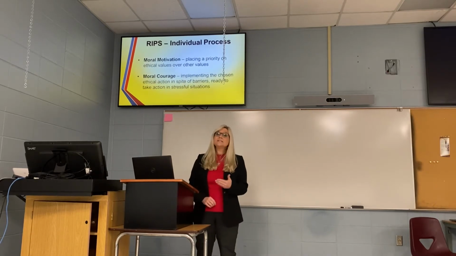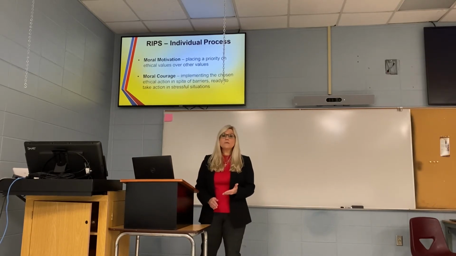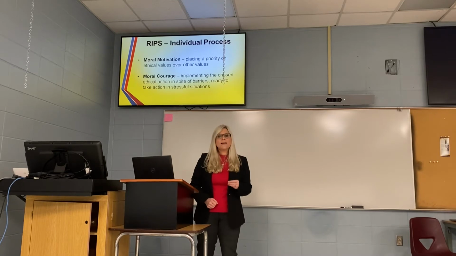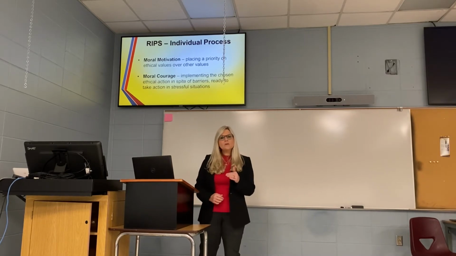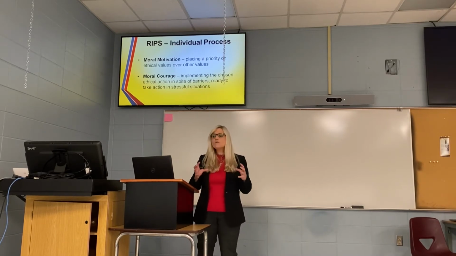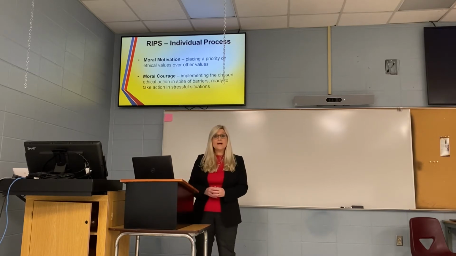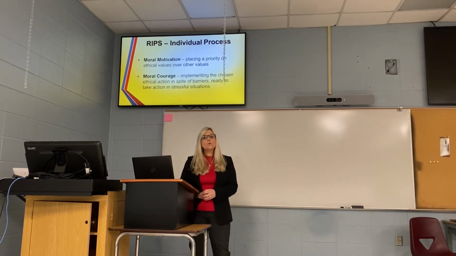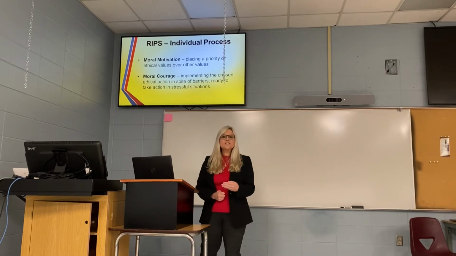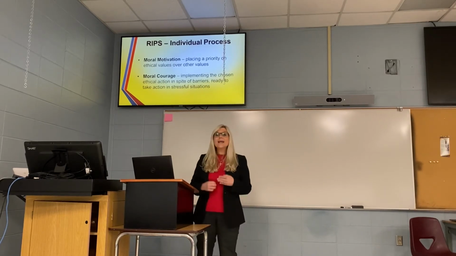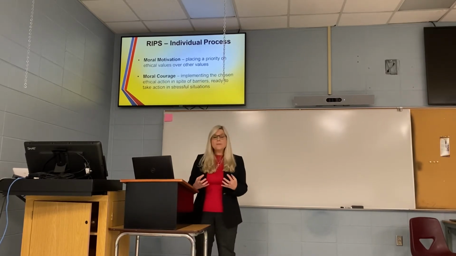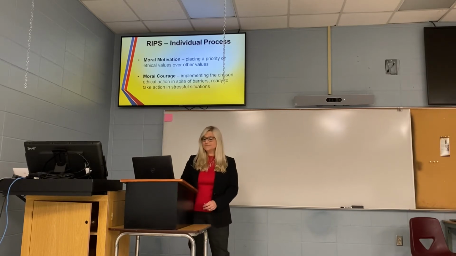The next individual process is called moral motivation. With moral motivation, we are going to value those ethical values over other values that are at play. And finally, we have moral courage. And moral courage means we implement and take action no matter what the barriers are to this action.